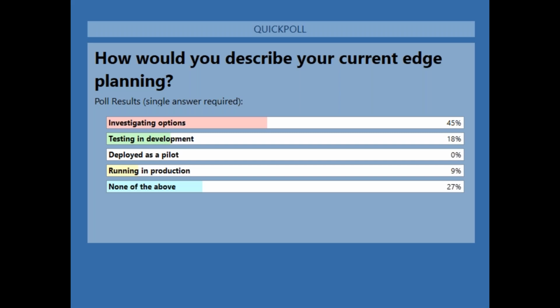How does that strike you, Dave? No, that's good. Then they're in the right place. Hopefully we'll give them some good things to consider and think about. So looks like 18% are testing and development, so they have at least some initial architecture that they're evaluating. 9% running in production. And none of the above, 27%.